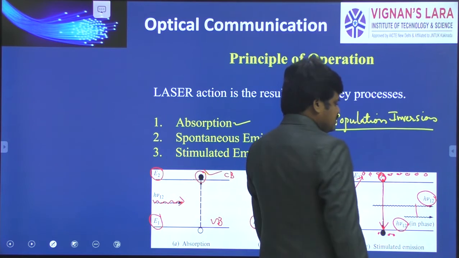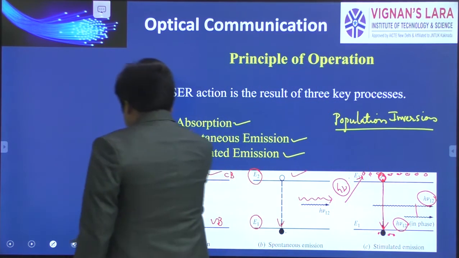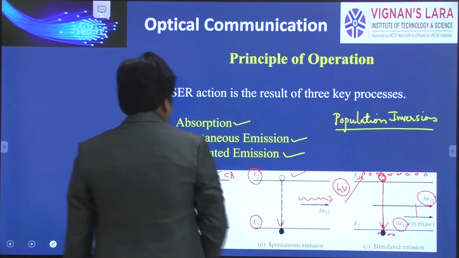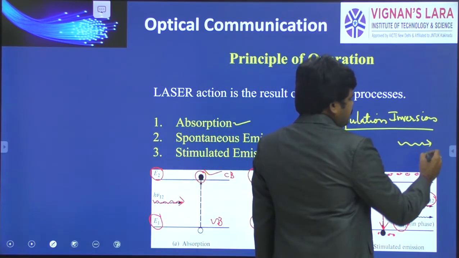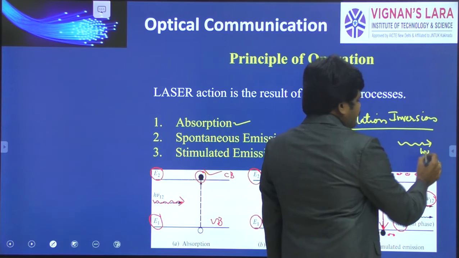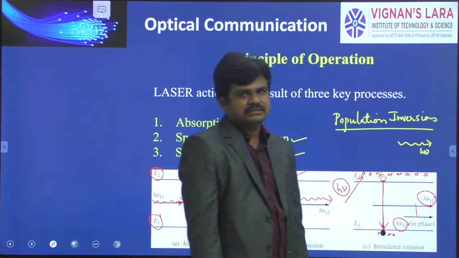The electron is absorbing the energy and it is falling into the ground state or lower energy state. Naturally, any electron, when it is falling from higher energy state to lower energy state, will release photon energy.